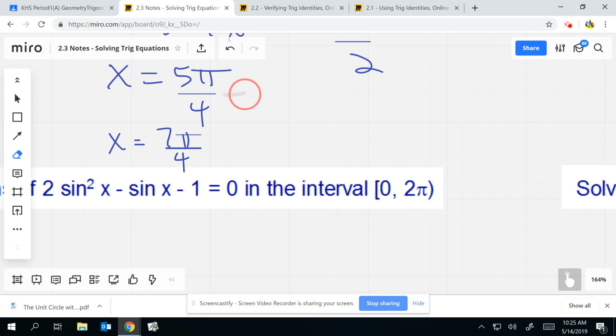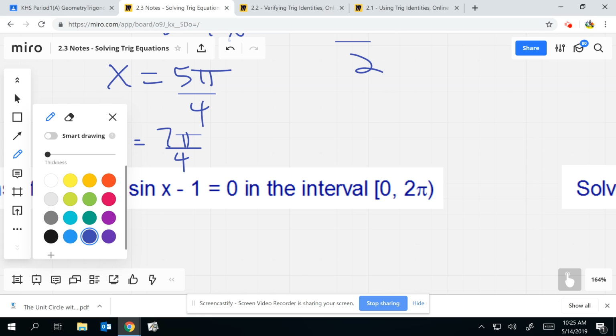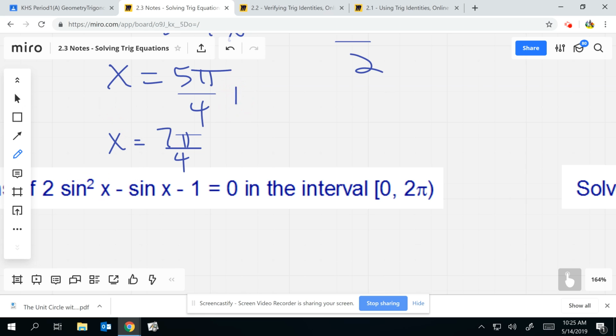I could just simply put plus 2n pi, and I could put plus 2n pi. Because 2 pi is one circular rotation, which makes a coterminal angle, and n is the number of times that you want to go around. So however many times you end up wanting to go around.